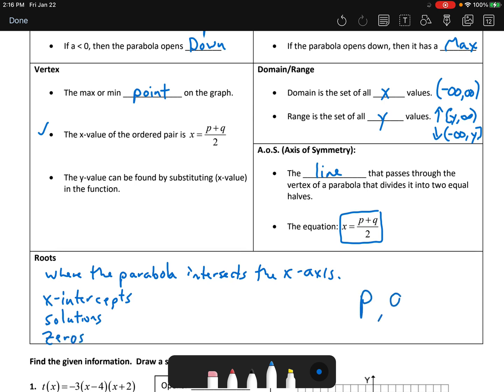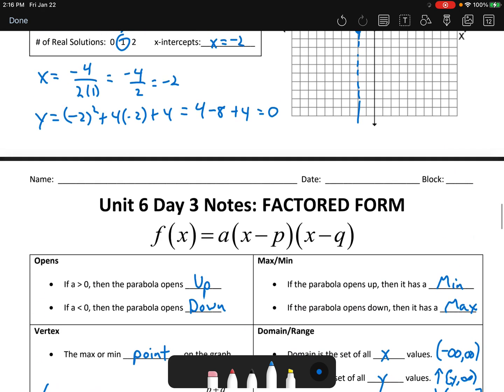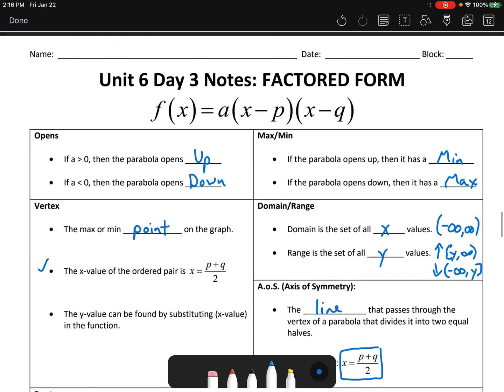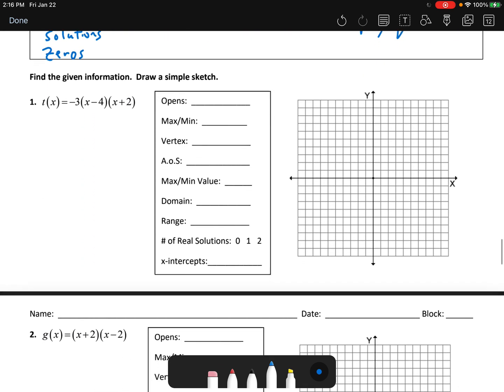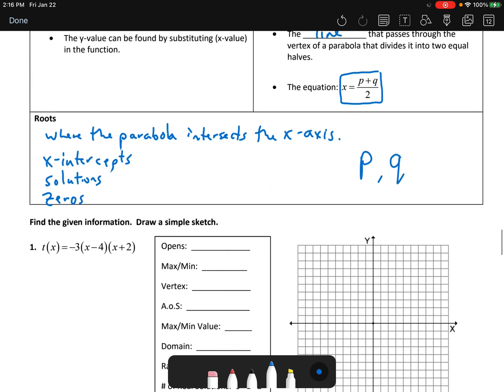And it just so happens that's p and q in this form. Those are the factors, or the zeros, the solutions, the roots, the zeros. The x-intercepts are p and q.